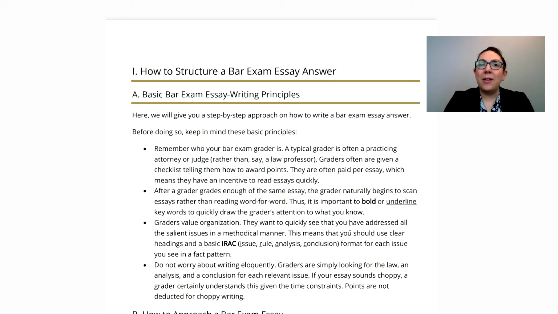If you have keywords, for instance, you should bold or underline them in your answer to make them stick out. This is especially true when you're talking about a rule that has really important key language. For instance, in a civil procedure essay that tests personal jurisdiction, things like minimum contacts and purposeful availment should be bolded to make them jump out at the grader, which is going to make it look like you know exactly what you're talking about.